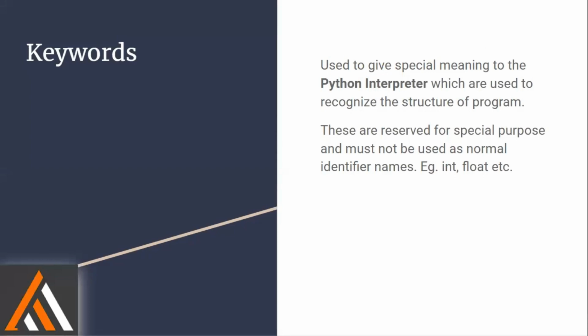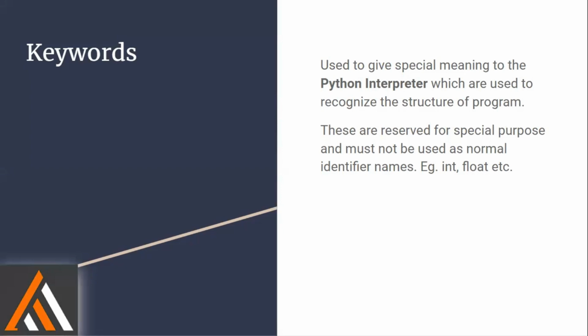Keywords. Keywords are generic terms that are going to be used by Python itself. Python doesn't allow these words to be used by programmers or users to create their programs. They have special meanings, and those meanings are defined by Python and stored in the Python interpreter.